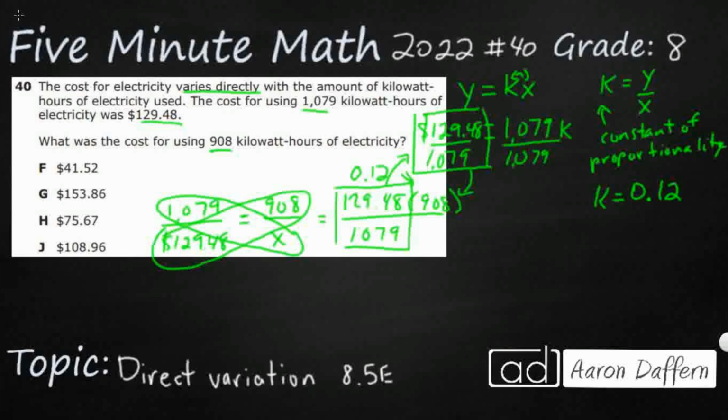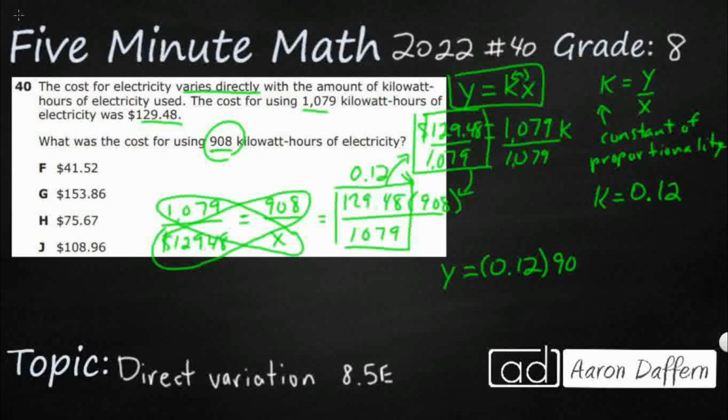Now I've got to multiply that by my 908, right? So go back to this direct variation here. So y equals kx. Well, my y is my cost. I don't know what that is, but I do know my k is 12 cents. And I do know my x, my independent variable.